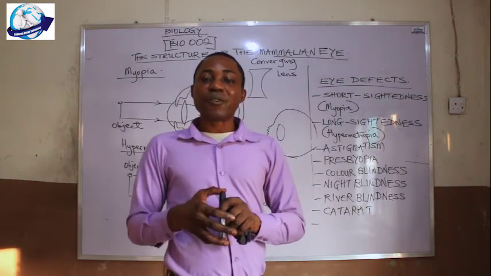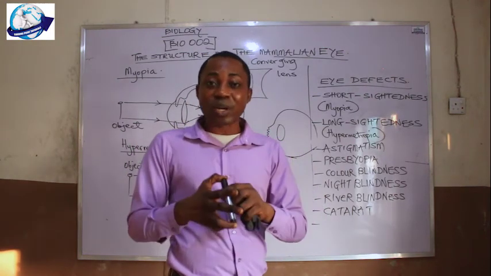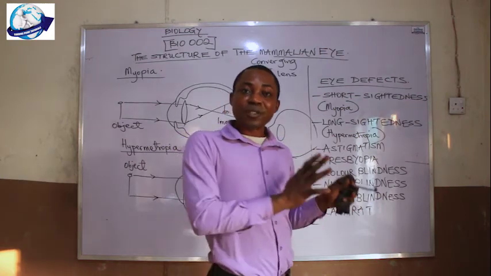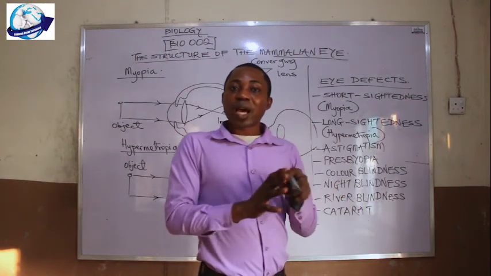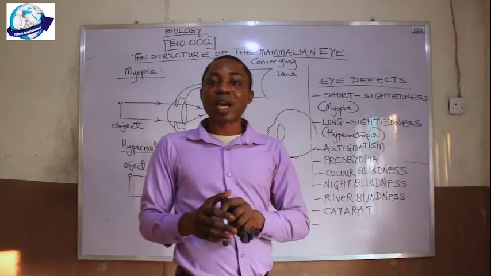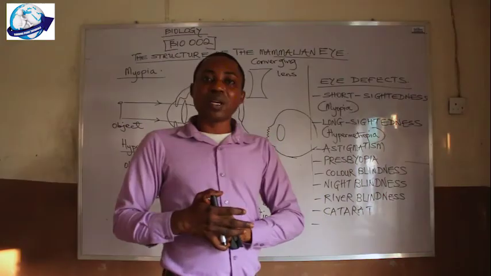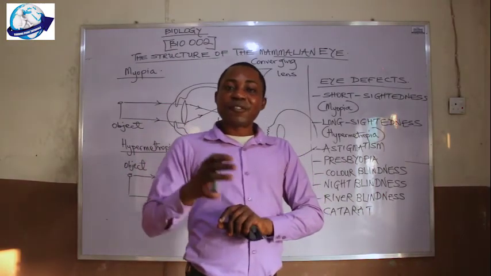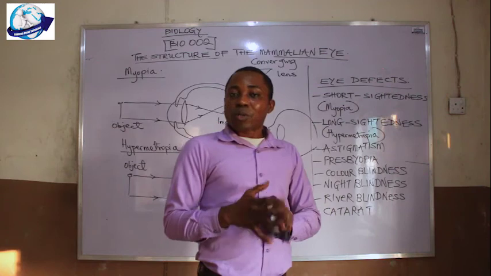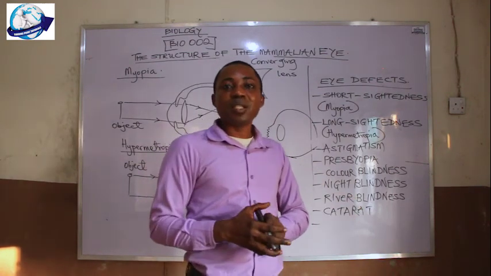But let's not forget there are still other sense organs to look into. We have just finished the eye, the care of the eye, as well as the functions of the parts of the eye. Next time, we'll discuss the mammalian ear, its different parts: the external ear, the middle ear, and the inner ear.